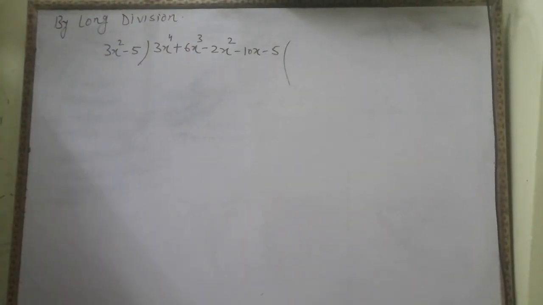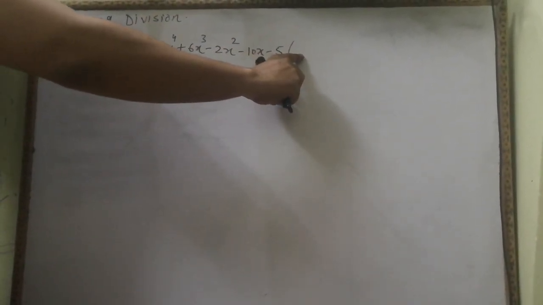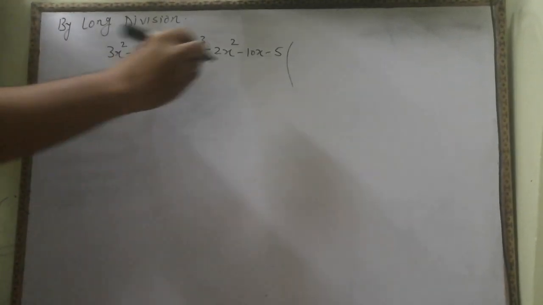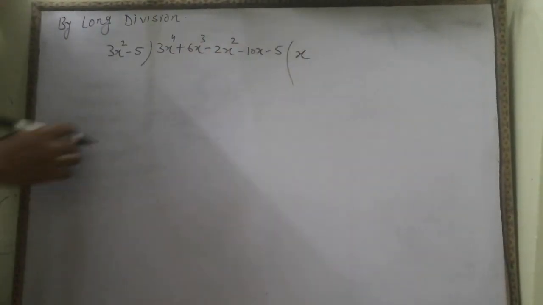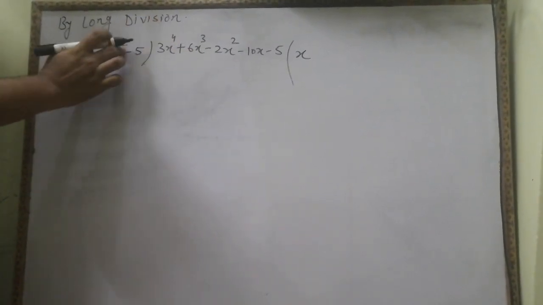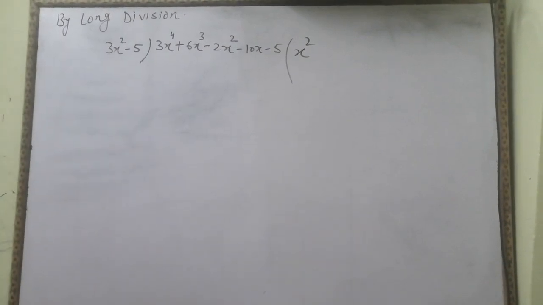Here 3 is here, here 3 is here, so we will not write the 3 again. Here x to the power 4, here x to the power 2, so we subtract the powers. 4 minus 2 is 2, so we write x square.